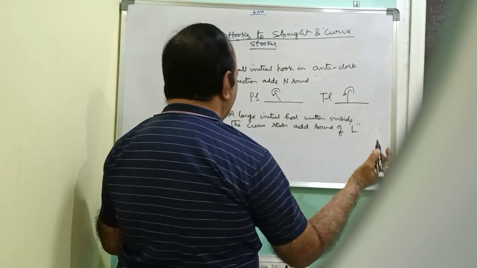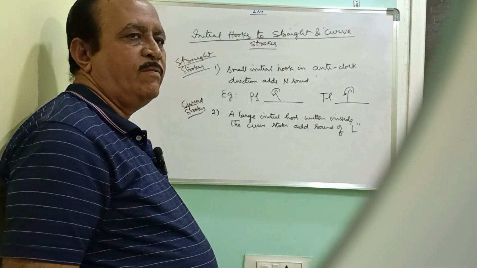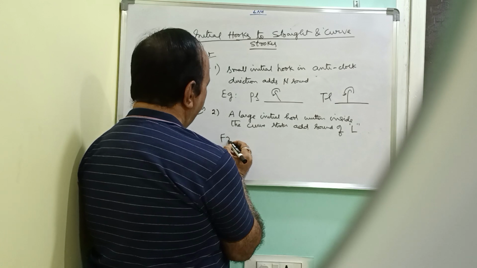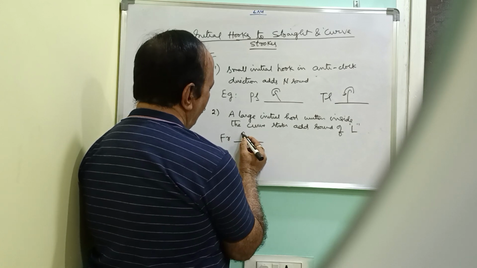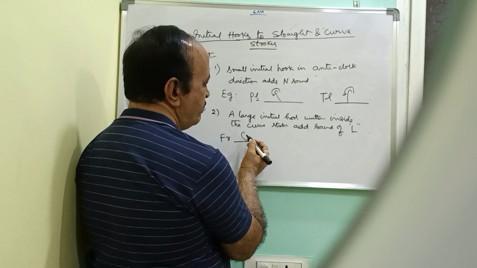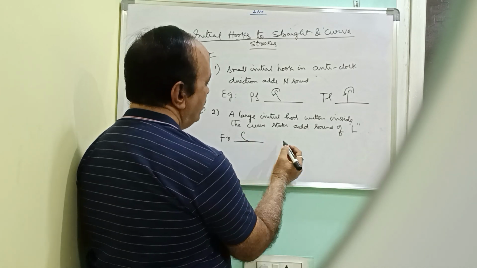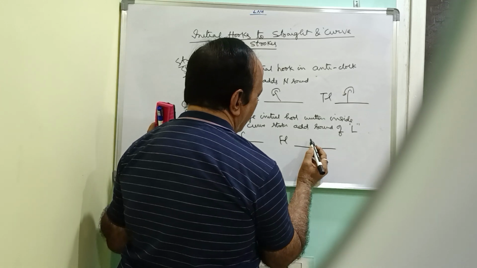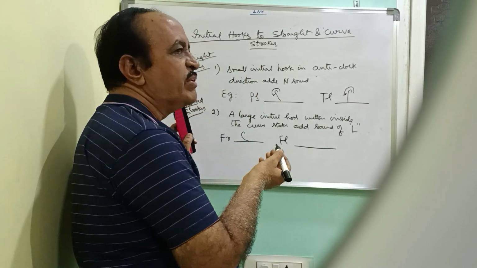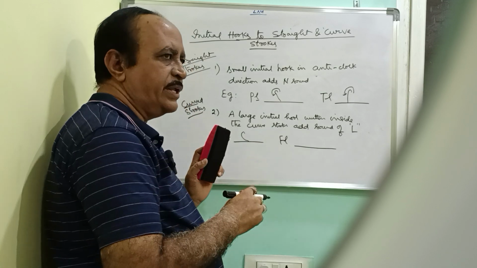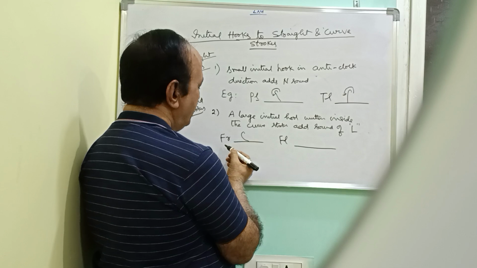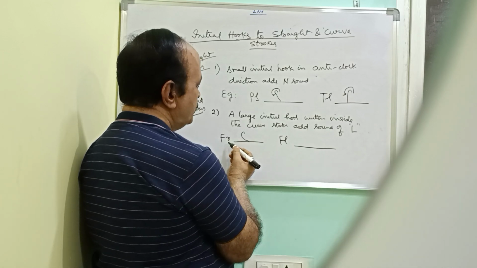L. That means, see, if you are writing a small hook, it will become R, right? The same small hook, if you are enlarging it here, gives the sound of L. You are writing inside the curve only, but if the initial hook is written in small size, it gives the R sound.